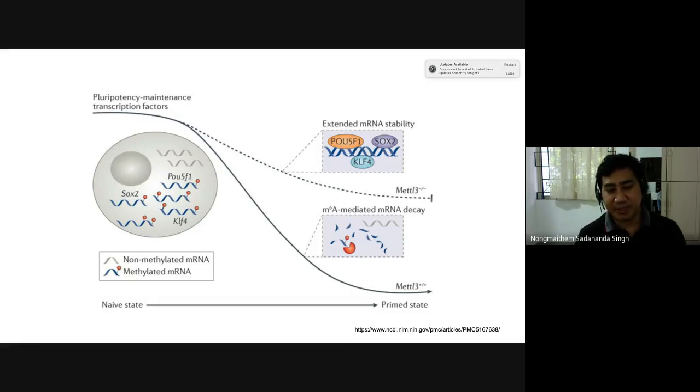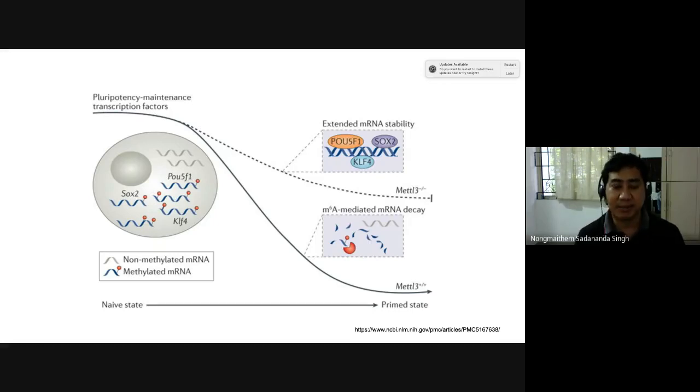What has been observed is that the methylation of SOX2 or some of the stem cell marker gene mRNAs, the post-transcriptional modification of mRNA, enhances the degradation, thereby allowing the stem cells to become committed cells, or it's called a primed state.